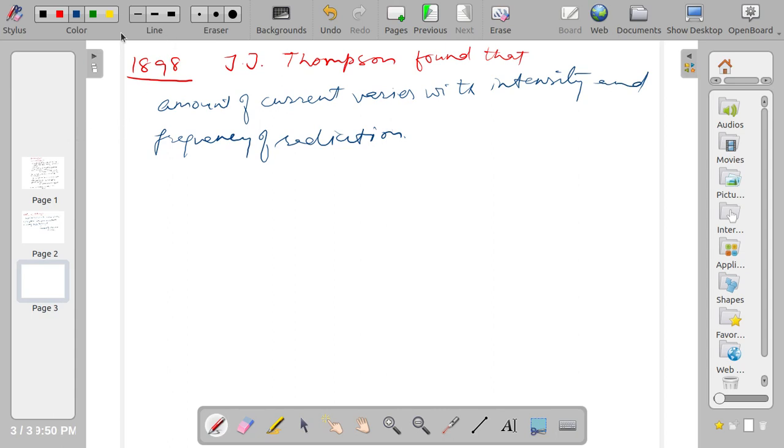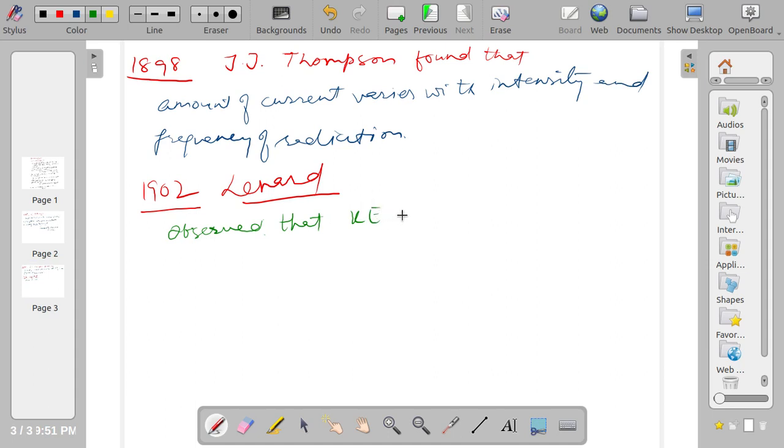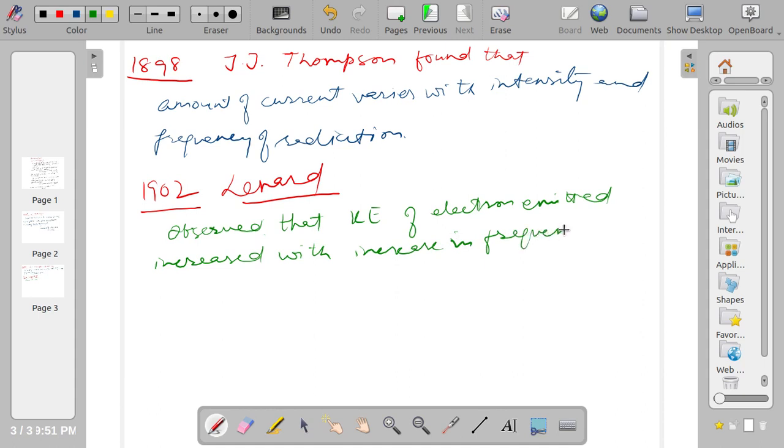After this, in 1902, Lenard observed that the kinetic energy of the electrons emitted increased with the increase in the frequency of radiation.